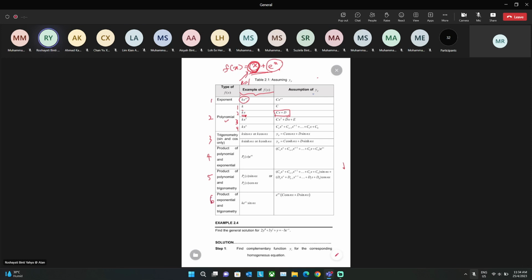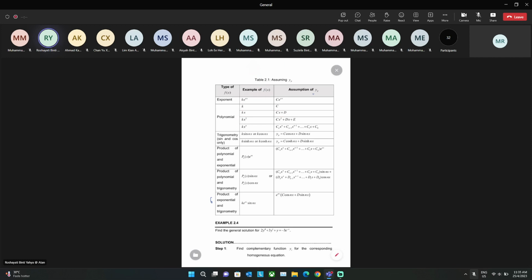Okay class, who else is not very clear about how to choose or how to assume YP when referring to this FX?